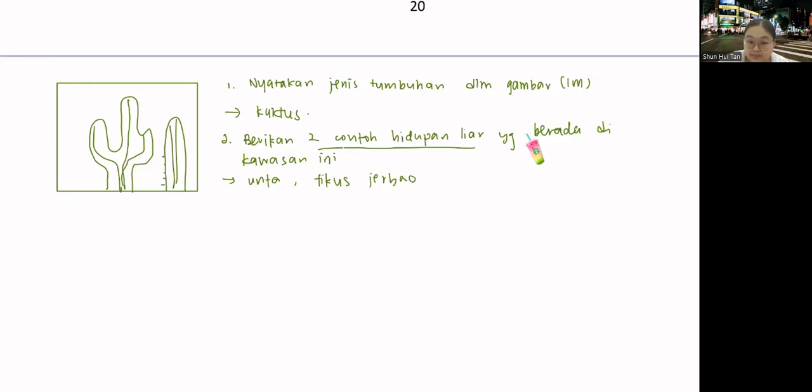And then they might, bahagian B, this is a contoh for bahagian B. They might also ask you to, like just now, nyatakan dua contoh lokasi yang bertumbuh tumbuhan dalam gambar.